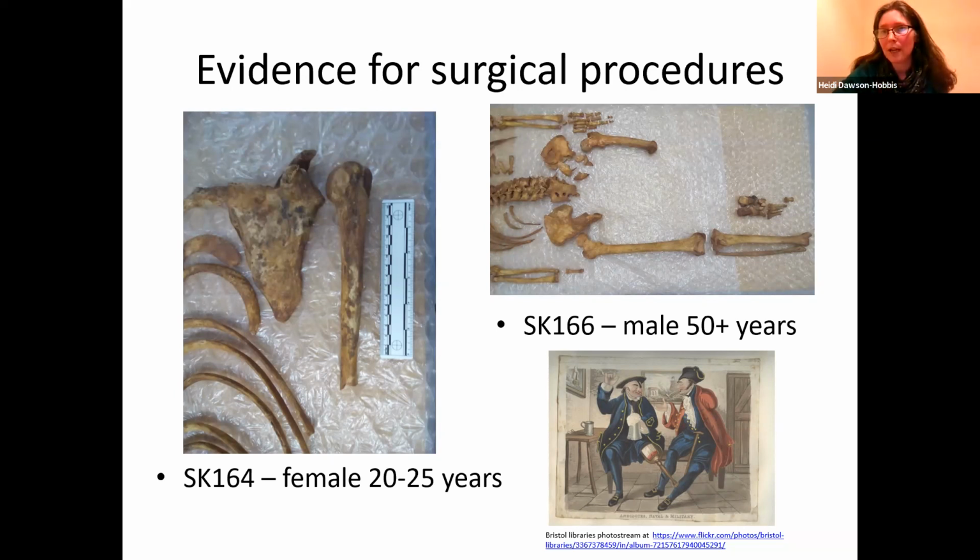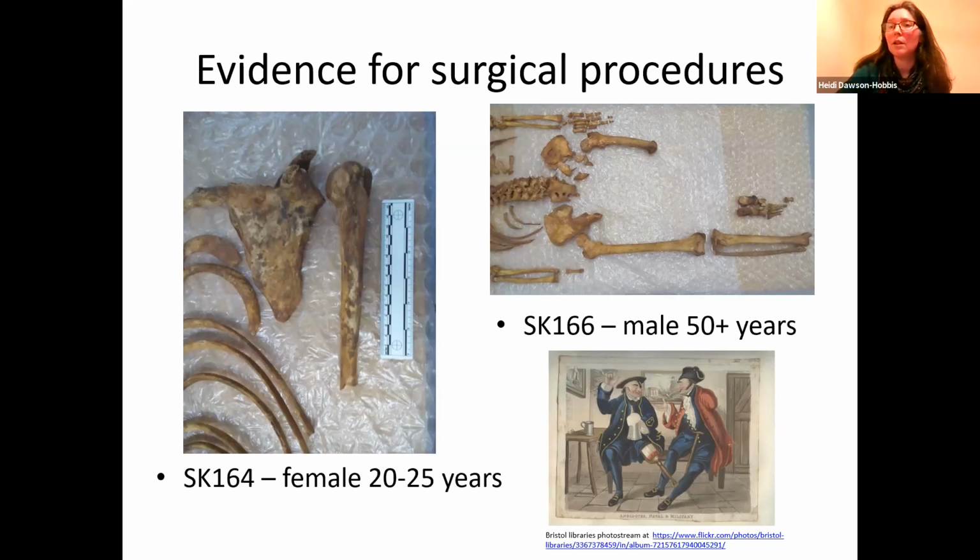In contrast, we have a male who's had his left leg amputated, and he has survived because his femur has really nicely healed over. All the bone has nicely healed over. And in fact, when that individual was excavated, there were the remains of a wooden prosthetic leg that had been recovered with him, and also the buckle which held it on.